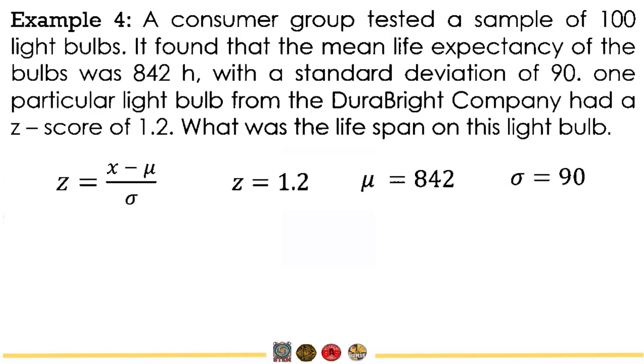We are solving for that specific light bulb. What is the lifespan of that specific light bulb? So we are solving for x. x is not given, so therefore x is unknown. 1.2 is equal to x minus 842 divided by 90.